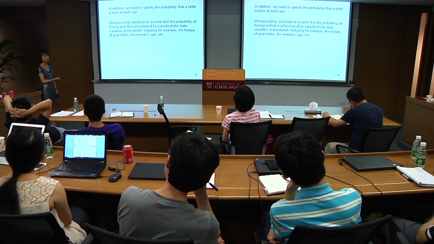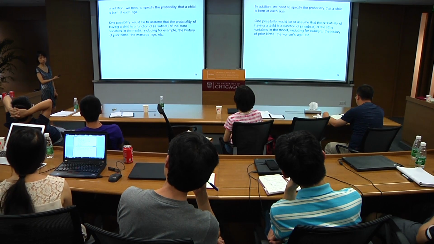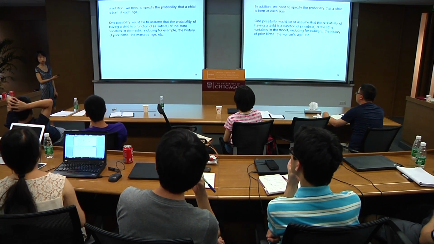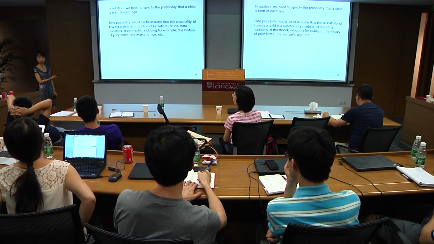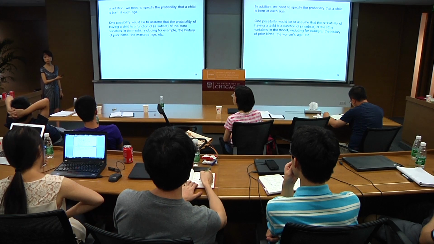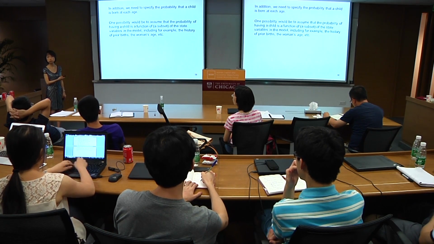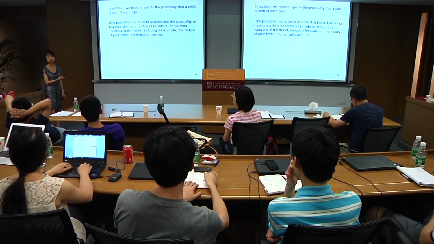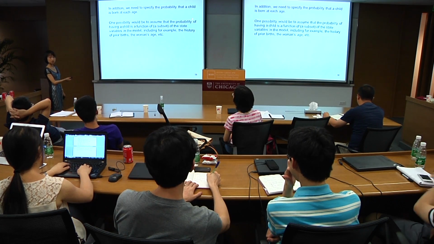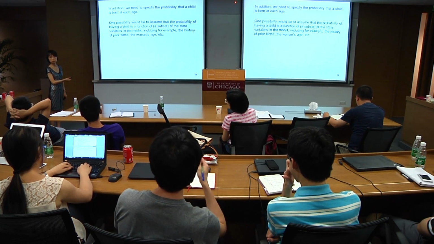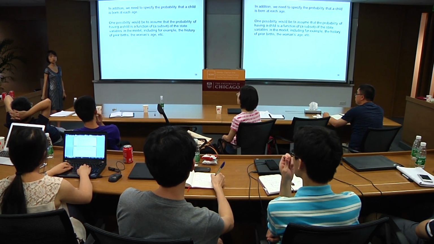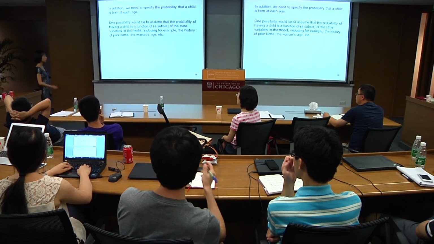Just specify the probability, but we know it's not right, because women might change their fertility when you change the environment. They might decide to have more kids or fewer kids, and if you just specify the probability, that's not going to give you the real thing when you change the environment. Okay? So that's not good.